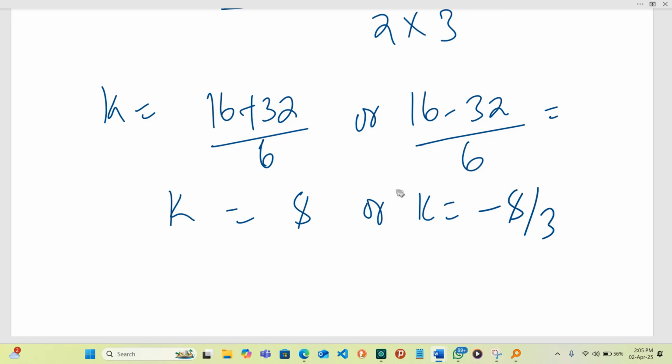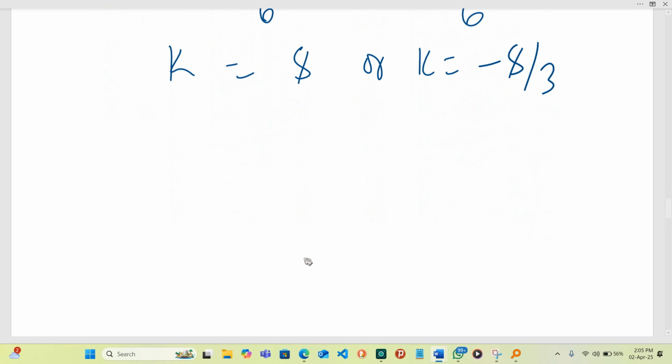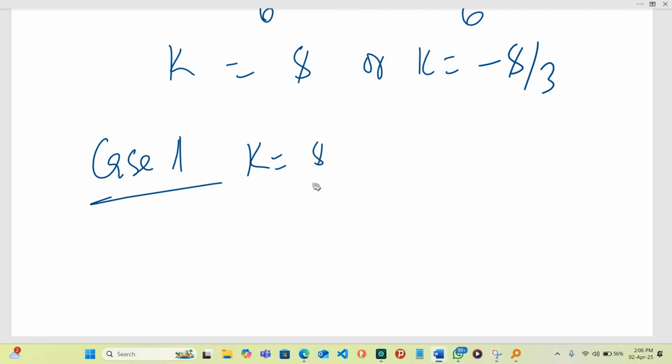So I'm going to say case 1, when k is equal to 8, we already know that k itself is equal to xy, so this is equal to 8.